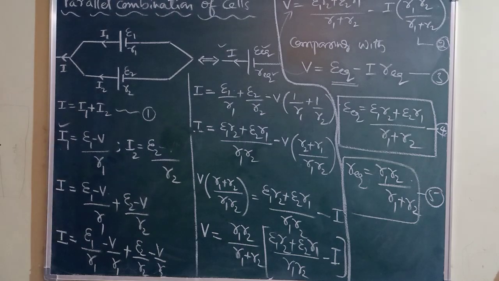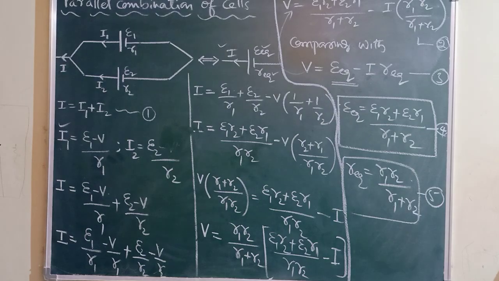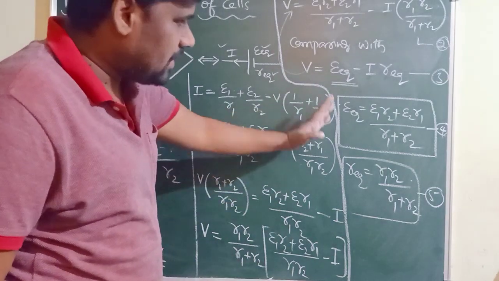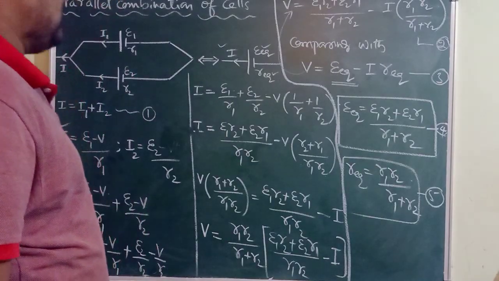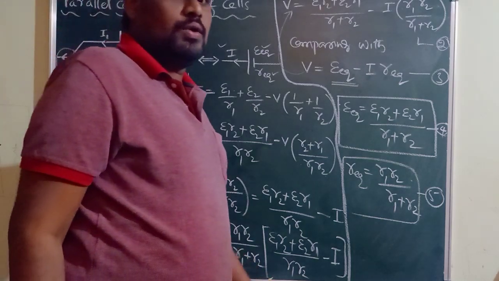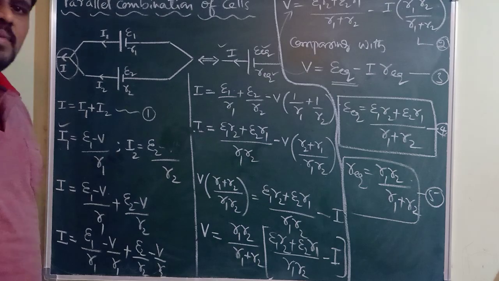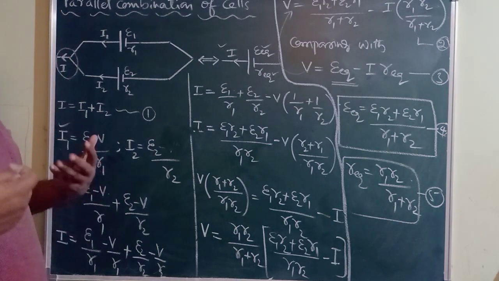When the number of cells are connected in parallel, the equivalent EMF and equivalent internal resistance can be calculated by making use of equation 4 and equation 5. Then what is the total current here? How are you going to calculate the total current drawn from the number of cells which are connected in parallel?